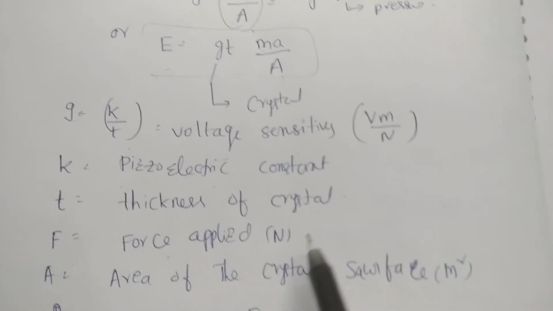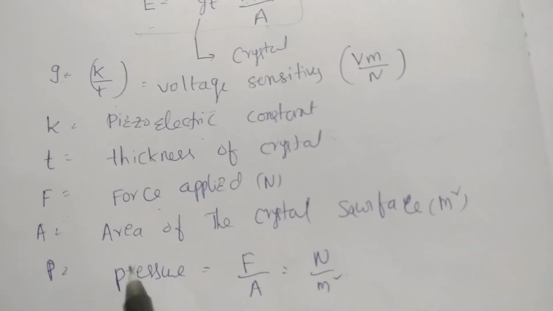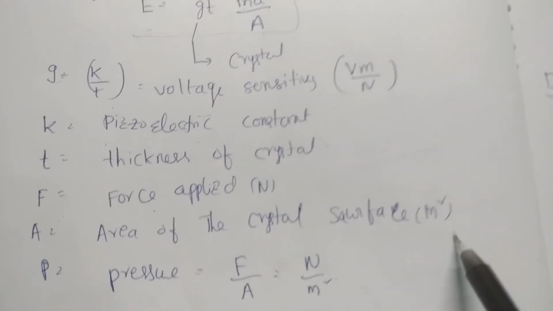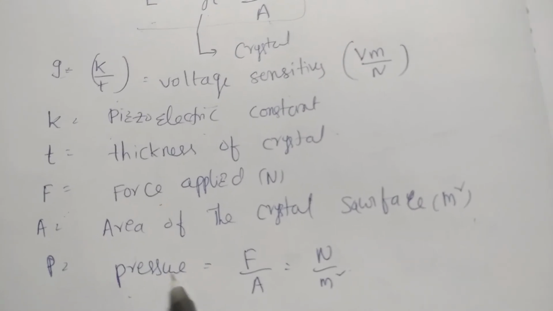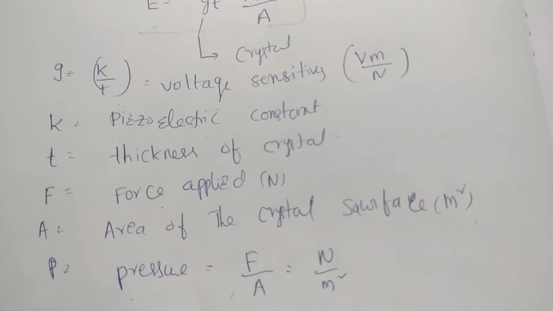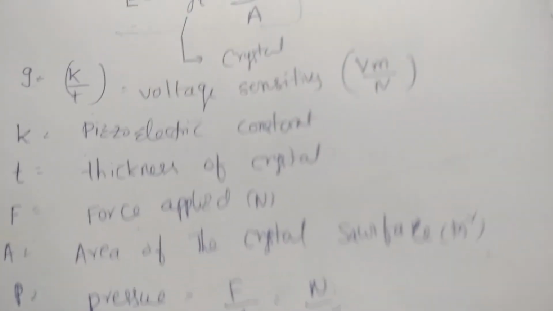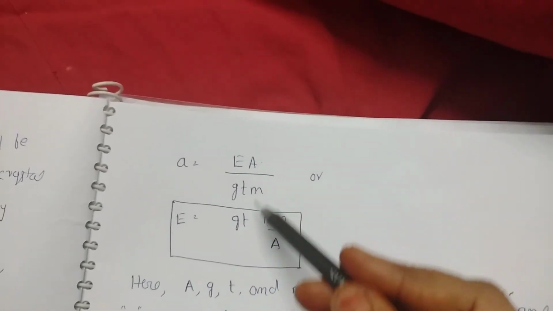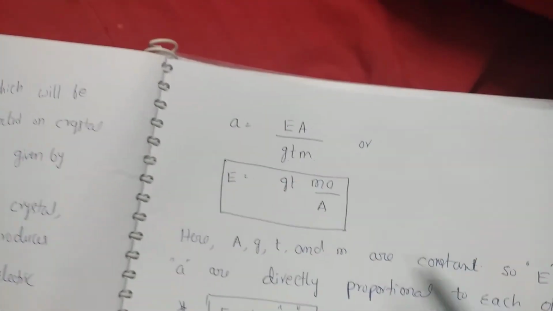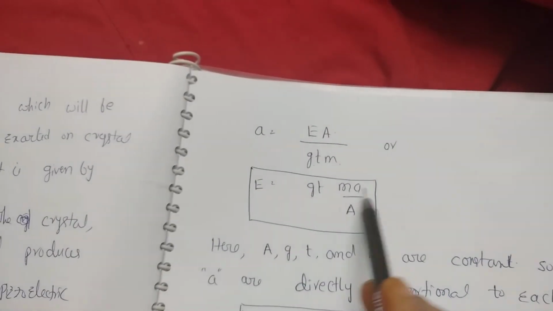F is force applied in newtons, A is the area of the crystal surface in meter square, and P is the pressure applied across the crystal, that is force per area, in newtons per meter square. So E is equal to g t into m a by A.